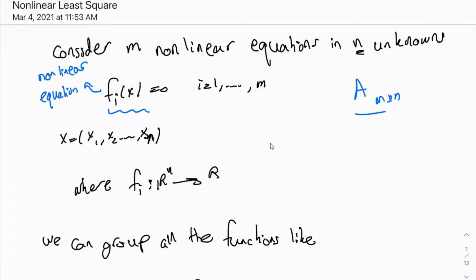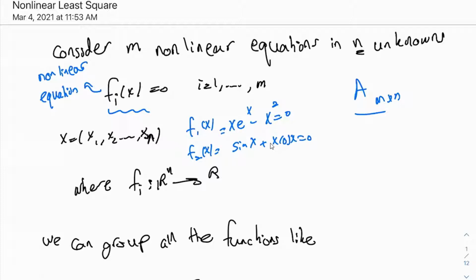For example, this one can be x e to the x minus x equal to 0, or minus x squared equal to 0. So that can be, for example, f1 of x. f2 of x can be, for example, sine of x plus x cosine of x equal to 0. So like this. Okay, good.